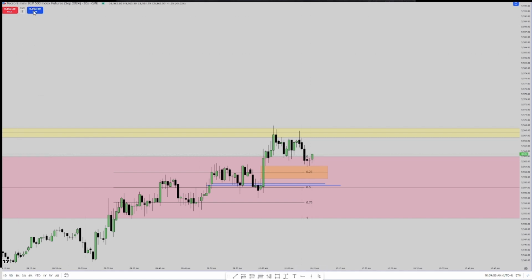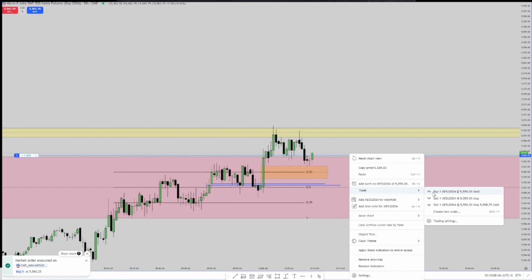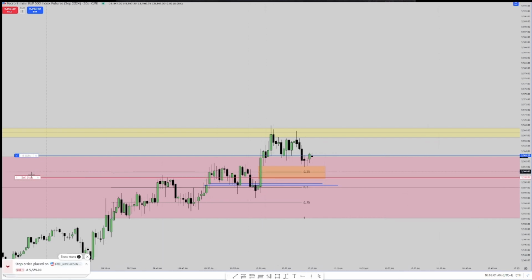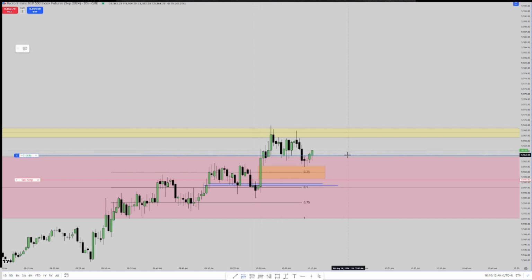I do like that. I'm getting back in the trade, placing my stop loss one tick below that fair value gap. And I'm just going to get a measurement here.